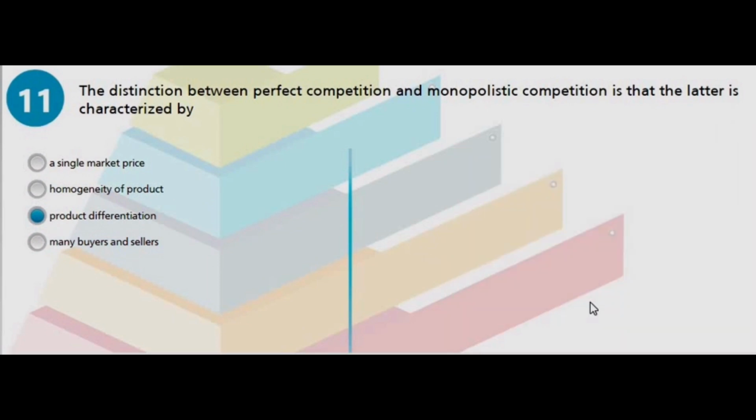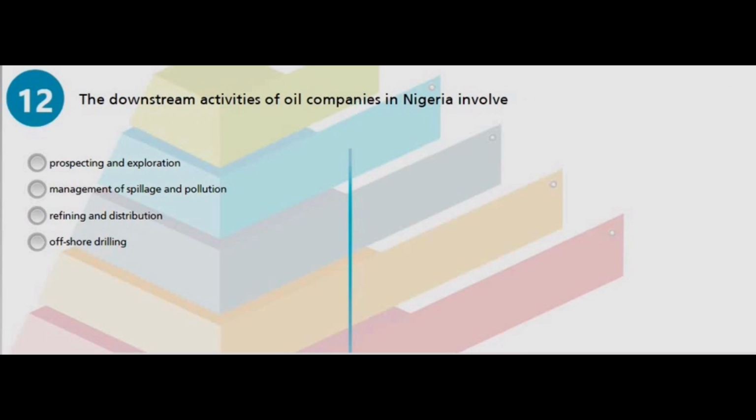Question 12. The downstream activities of oil companies in Nigeria involve A, prospecting and exploration, B, management of spillage and pollution, C, refining and distribution, D, offshore drilling.